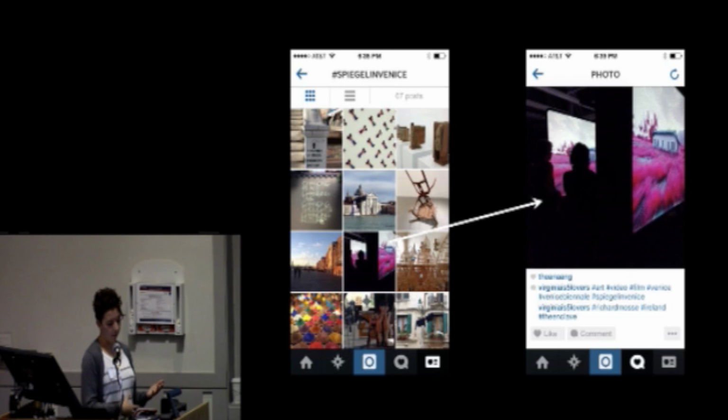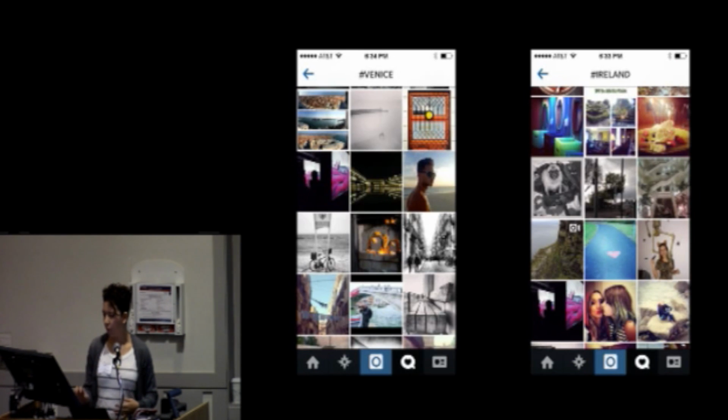The other thing you can do is view them in different hashtag groups and form different connections than the one you initially intended. So we started with Spiegel in Venice, but as you can see, there are several other hashtags associated with this image. And this creates combinations and groupings that you couldn't have produced yourself and make for very interesting connections. So one is a space tag, which is just a place that it's associated with.